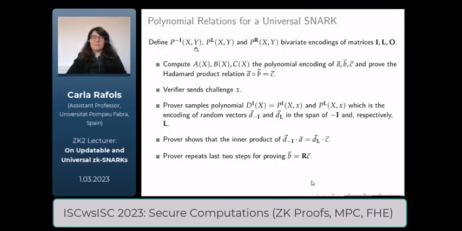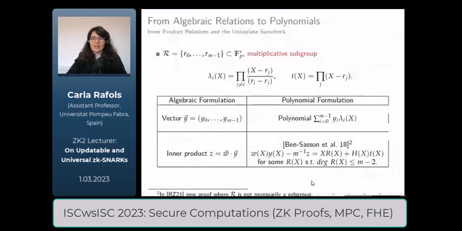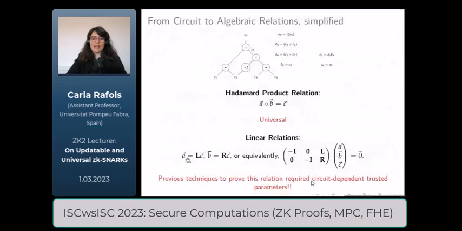I compute these bivariate encodings of the matrices that I need. Remember that the relations that I need to prove are these. I need to prove that A is equal to LC and B is equal to RC, which is the same as proving this single relation. And what I do is bivariate encodings of any of these blocks.